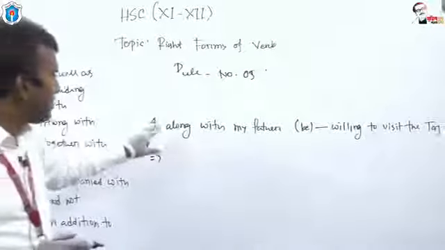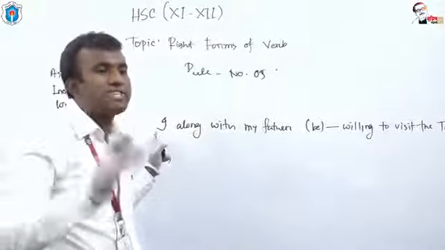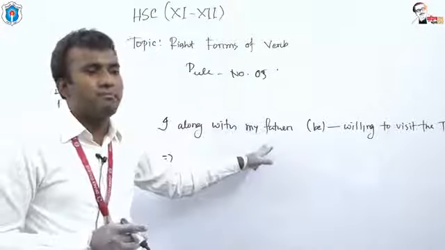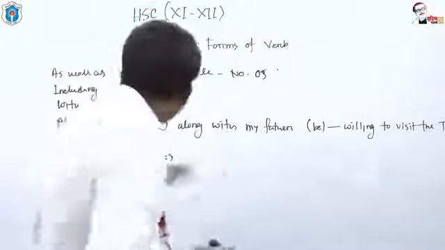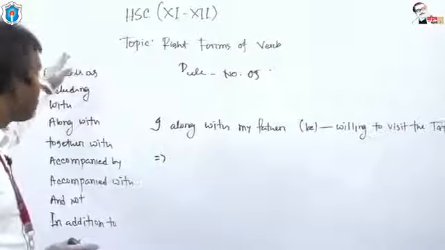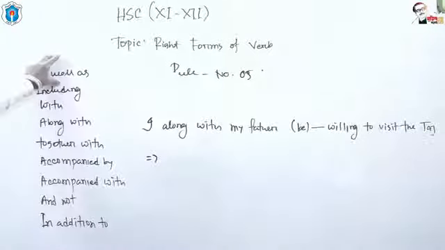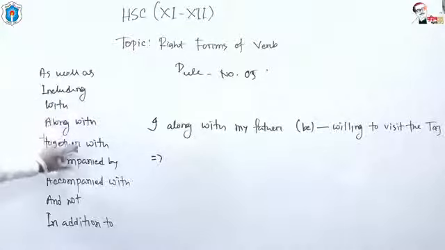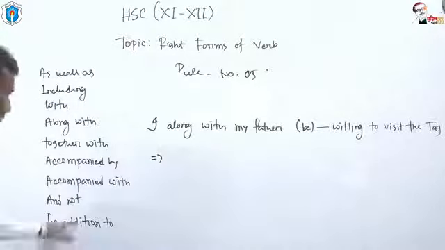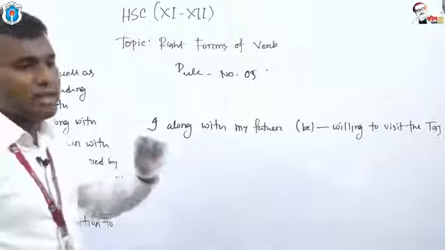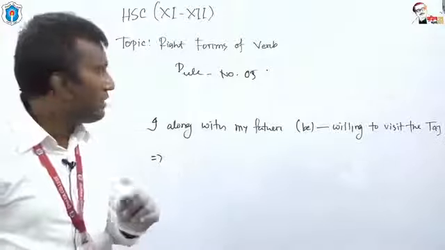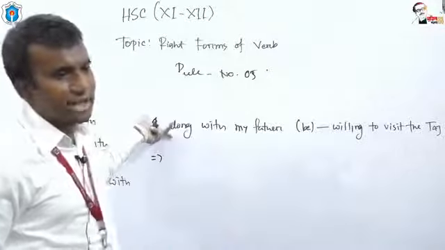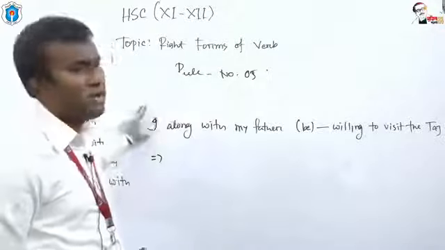Here two persons, or you can say two subjects, have been connected. The first one is I and the second one is my father. If the above written words, as well as, including, with, along with, together with, accompanied by, accompanied with, and not, in addition to, connect two subjects or two persons, the verb must agree according to the first subject.